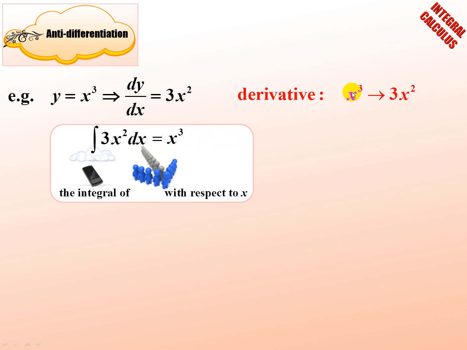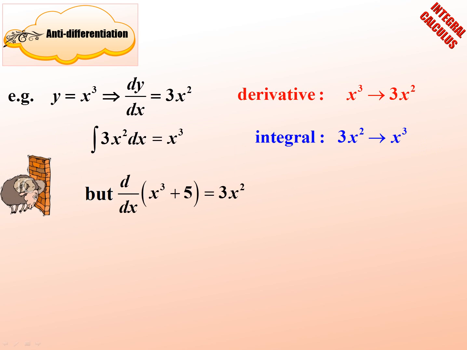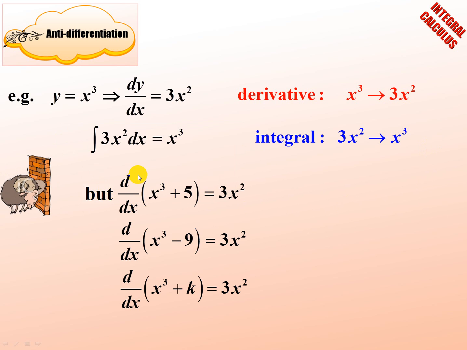Meaning, the derivative of x cubed goes to 3x squared, the integral of 3x squared goes to x cubed. So we've reversed the process. There is, however, a very big but. Here are three functions which have the same derivative, and yet they're not the same functions. What is the essential difference between these three functions?